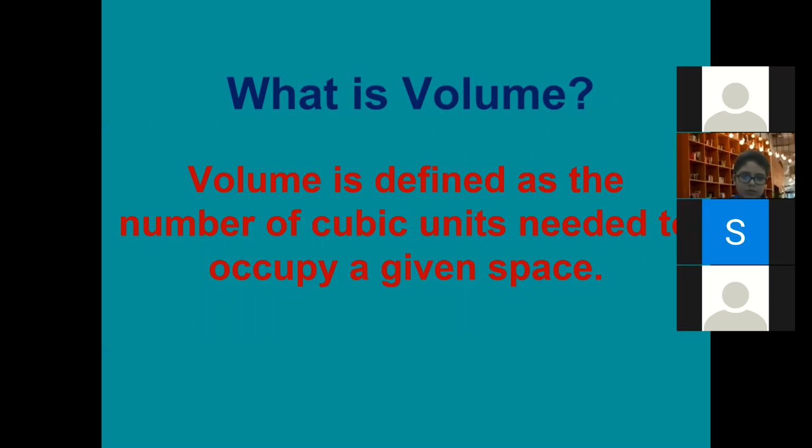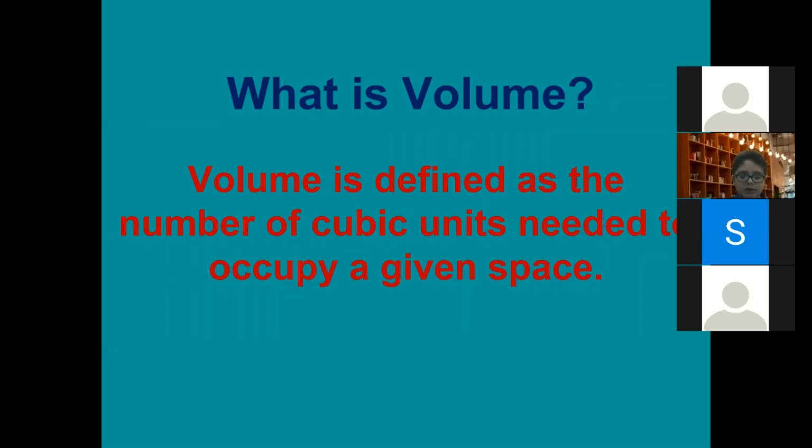What is a cubic unit? It's a cube with 1 unit length, 1 unit width, and 1 unit height. So that is 1 cubic unit. So volume is defined as the number of cubic units needed to occupy a given space. Clear?